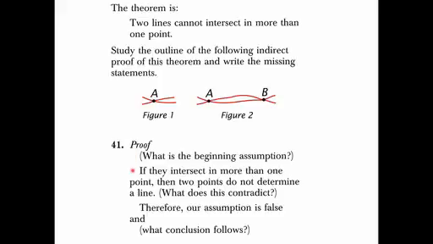If they intersect in more than 1 point, then 2 points do not determine a line. What does this contradict? Something that we are aware of, that we've learned. Therefore, our assumption, this line up here, is false, and what conclusion must follow? Well, hopefully it's what you were trying to prove in this theorem up here.